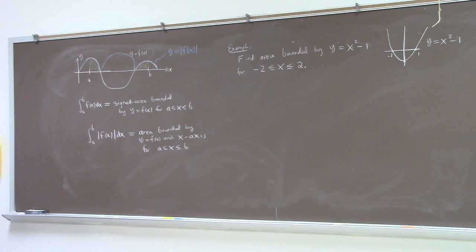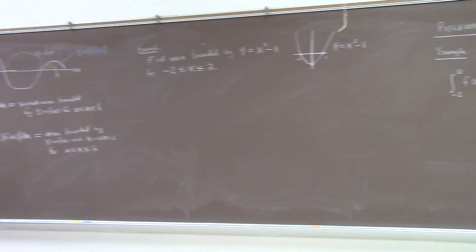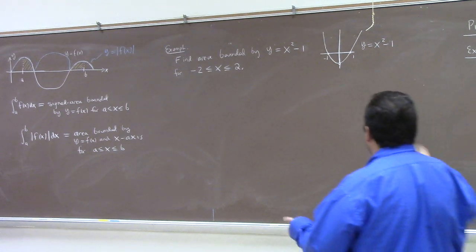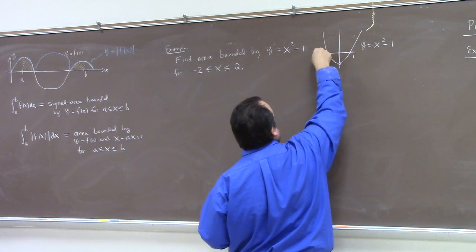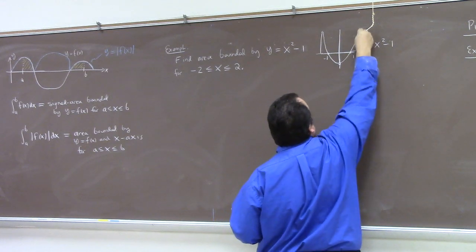That factors as x plus 1 times x minus 1, right? Difference of squares. So if I were to draw a picture of what we're doing, trying to find from minus 2 to plus 2, right?